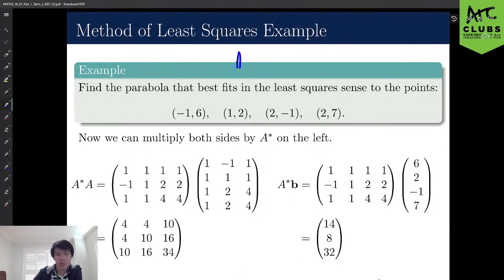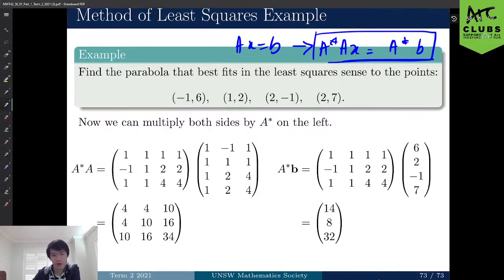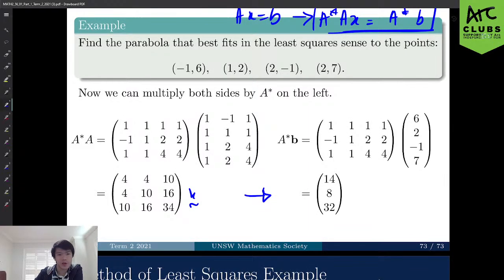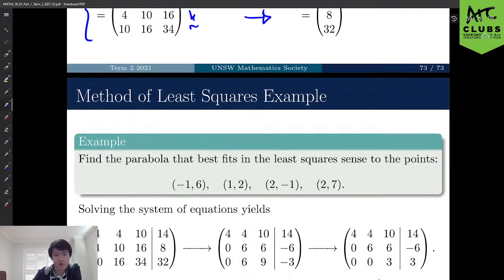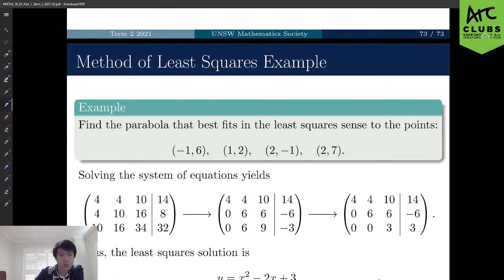Remember, Ax = b, and to find the approximation to that, we just do A*Ax = A*b. Now we've gotten that this times x will be equal to that. And again, this is looking a lot better, because we only have 3 rows now. In general, when we do this, we'll always have the right number of rows. So now we've got this system of equations.